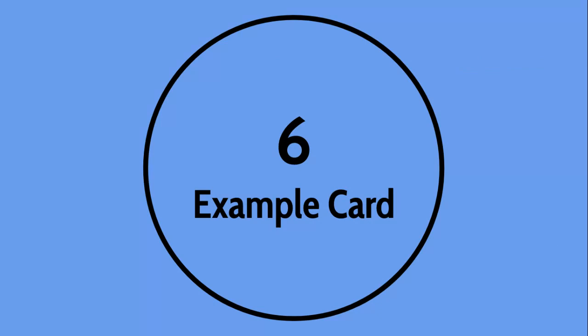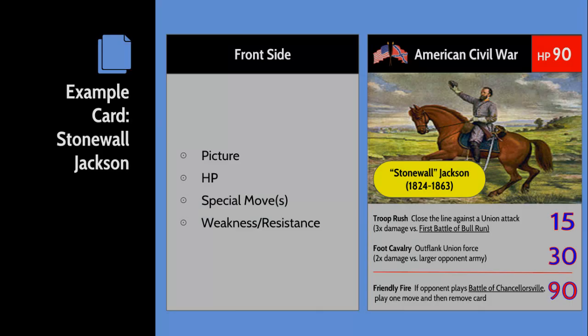So we are going to end here with an example card, and this is done on Stonewall Jackson. So this would be an example of a front side of a Stonewall Jackson card. You can see that there's a picture. There are his hit points given in the upper right corner of 90 because Jackson was one of the best, if not the best, commander for the Confederate Army.